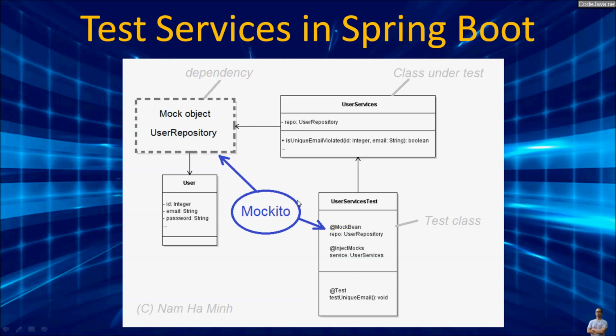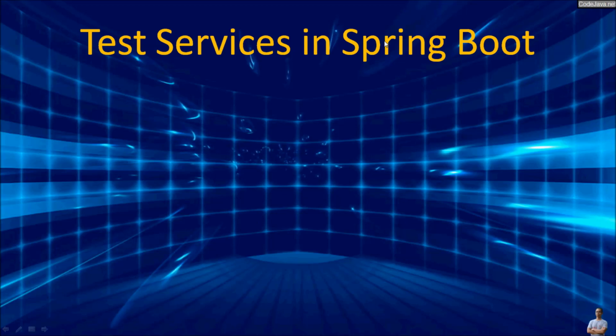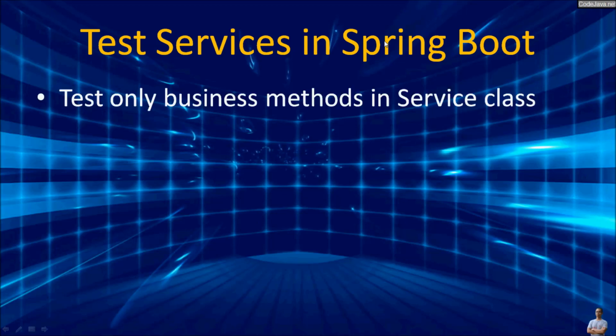So I hope you understand the key principle in testing services in Spring Boot. Here are some key principles in writing unit tests for testing the service layer in Spring Boot. We test only the business methods in the service class, and for all the dependencies of the service class, we create mock objects.